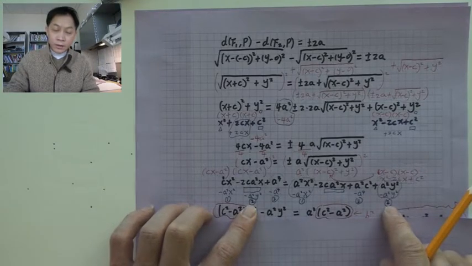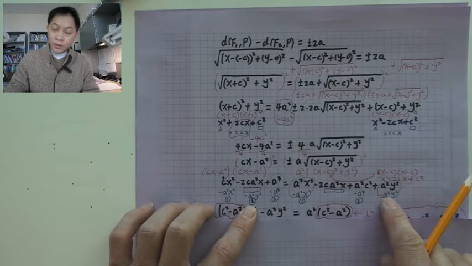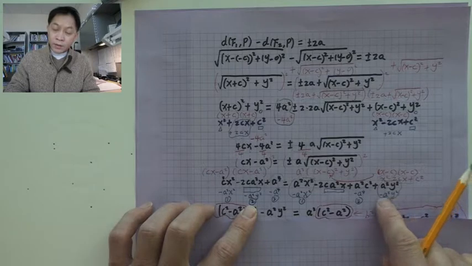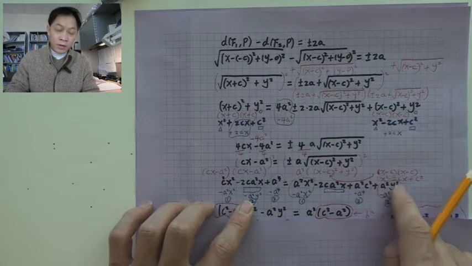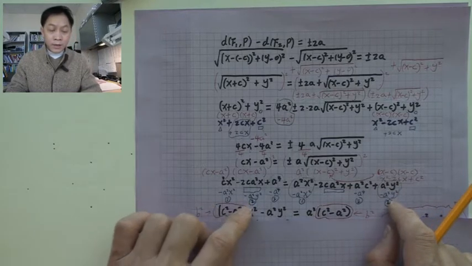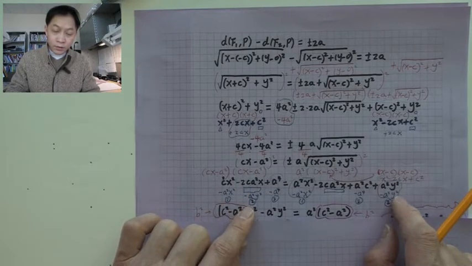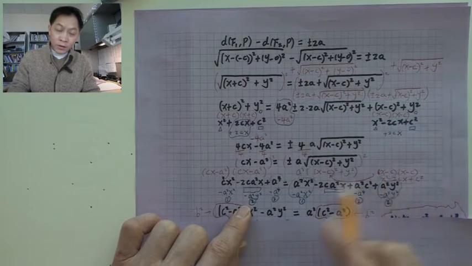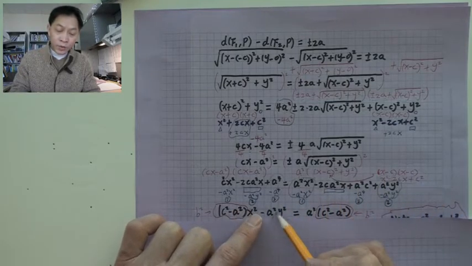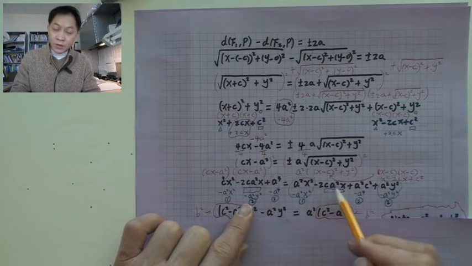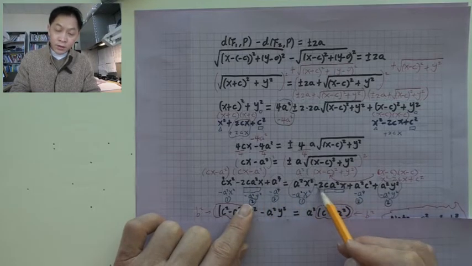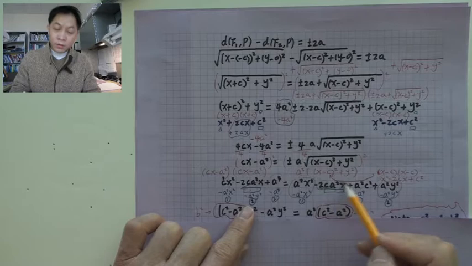You have a squared y squared subtract. So this cancels again. And then here you have this term moved to the left. So that's negative a squared y squared. Again, those two cancel each other. You don't consider these two anymore.